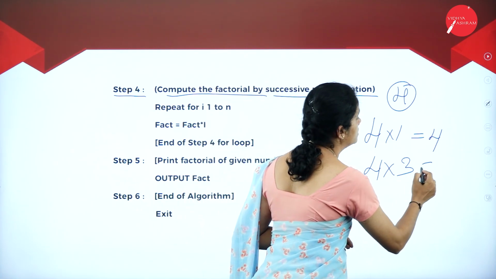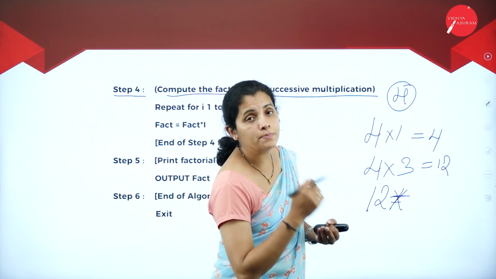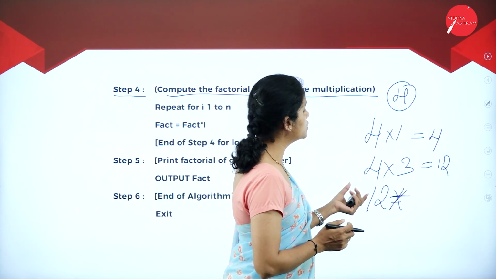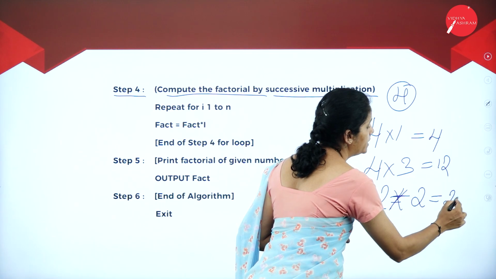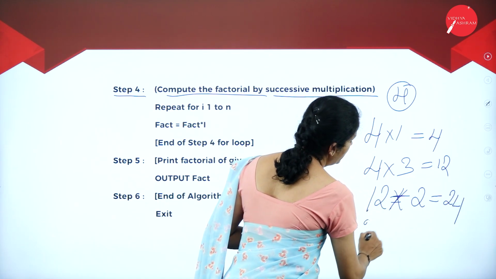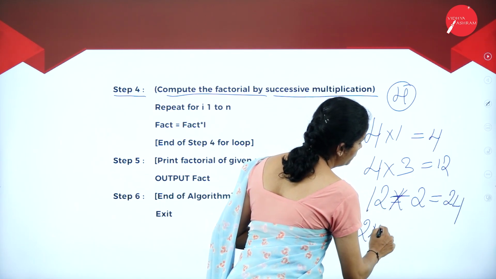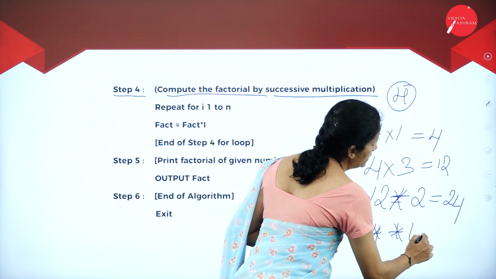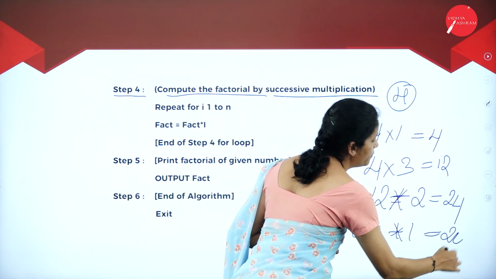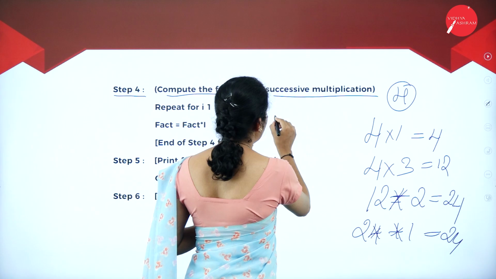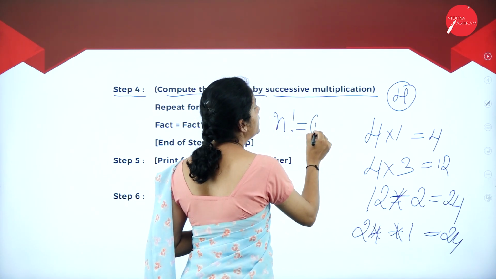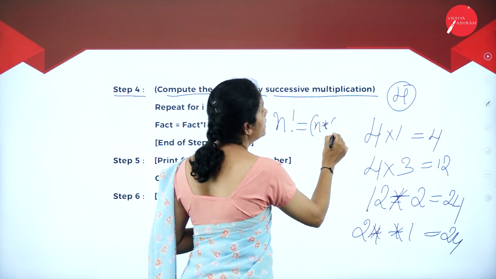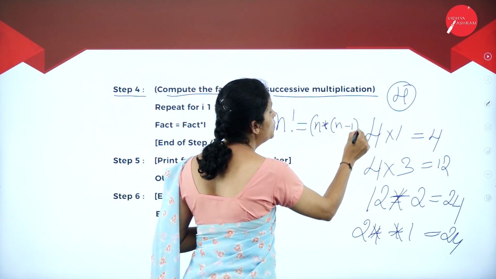So it is 12. Then what is my factorial value? That is 12 into 2, that is 24. And 24 into 1, it is 24. Because I have the formula n factorial equal to n into n minus 1.